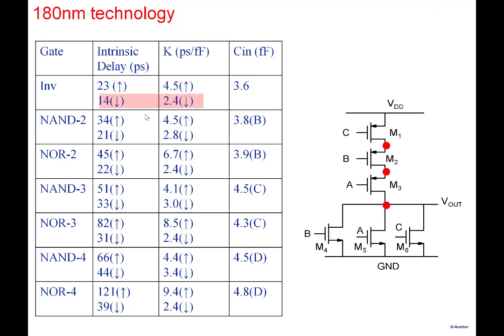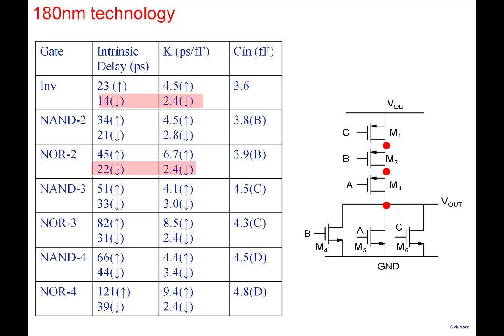Let's focus on the high to low delay. So this is 14, the intrinsic delay of an inverter is 14 picoseconds, and the drive strength is pretty good, 2.4. Note that the smaller the value, the better the drive strength, because it's picosecond per femtofarad. If my gate has a good drive ability, this factor would be low. All right, so 14 and 2.4.